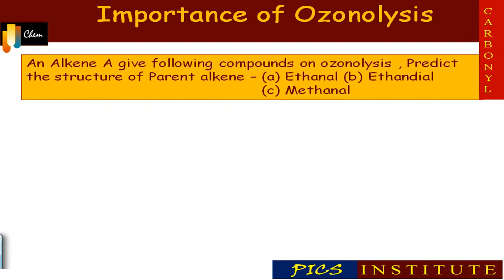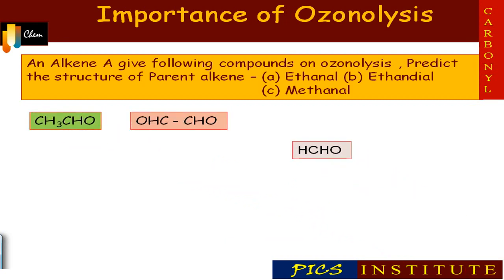Let's take one more example. An alkene A gave ethanal, ethanedial and methanal. So writing all the compounds in a sequence as given, first ethanal, then ethanedial, then methanal.